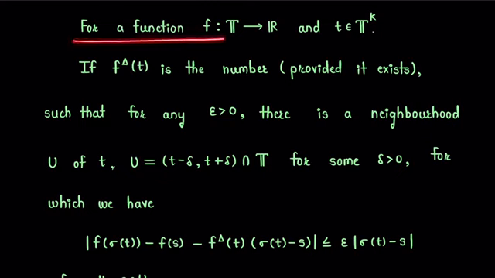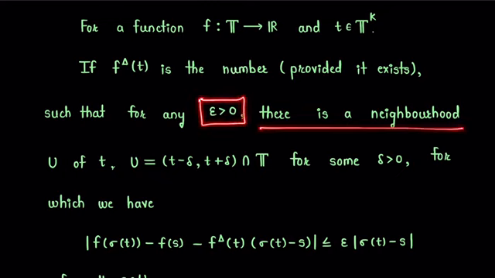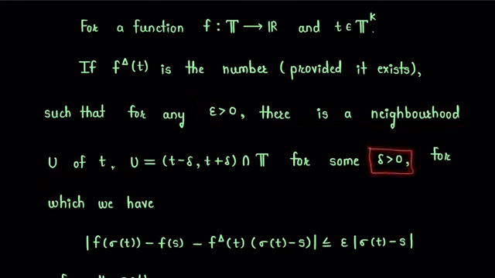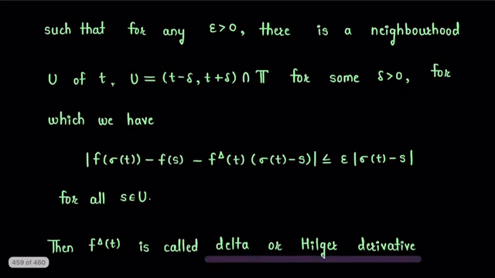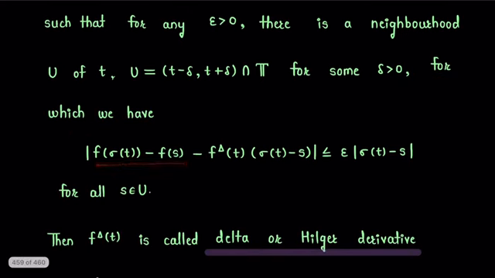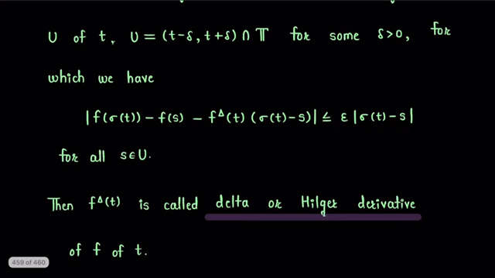For a function f defined from time scale T to the set of real numbers R and a point t belonging to the set T^κ, f^Δ(t) is the number, provided it exists, such that for any positive epsilon there is a neighborhood, say U of point t, for some positive delta, for which we have the condition modulus of f(σ(t)) − f(s) − f^Δ(t)(σ(t) − s) is less than or equal to epsilon times modulus of σ(t) − s, for all points s in this neighborhood U of point t.